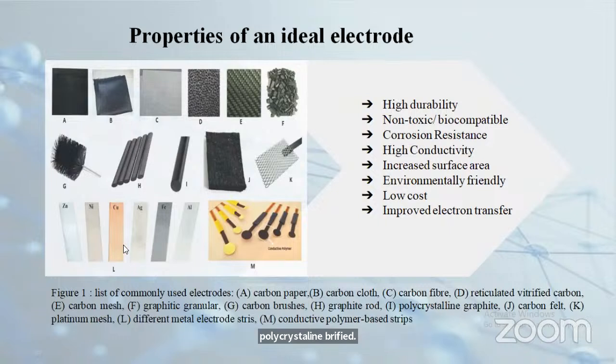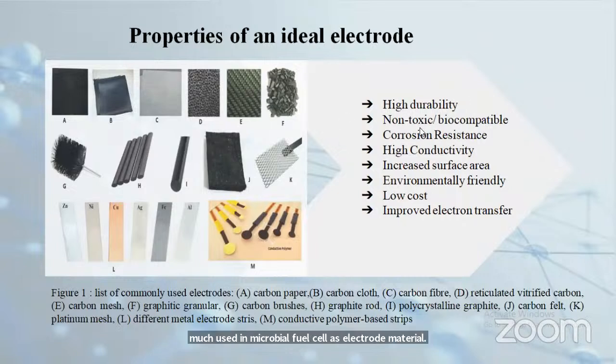Metal electrodes are also common, so zinc, nickel, copper, silver, iron, aluminium, stainless steel. These are common metal or metallic electrodes which are basically used. And conductive polymer based strips are also very much used in microbial fuel cell as electrode material.